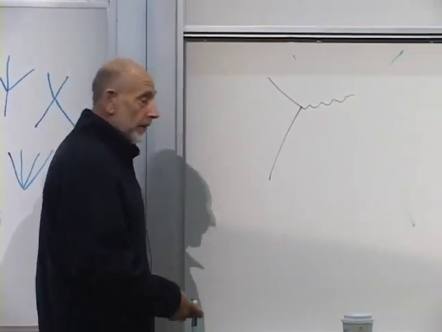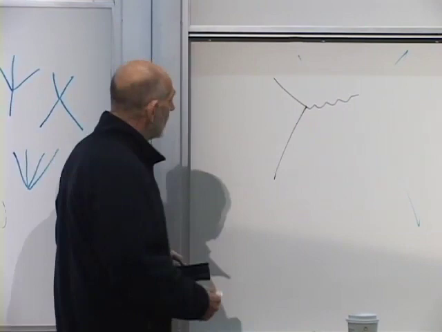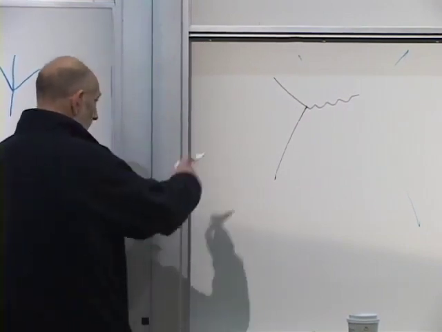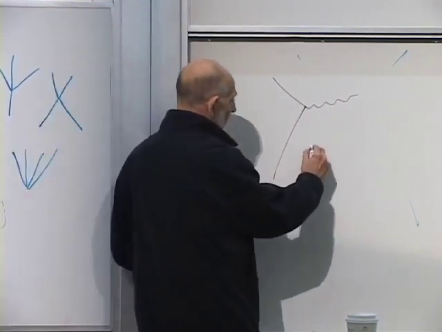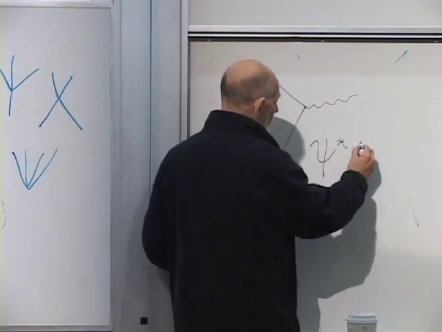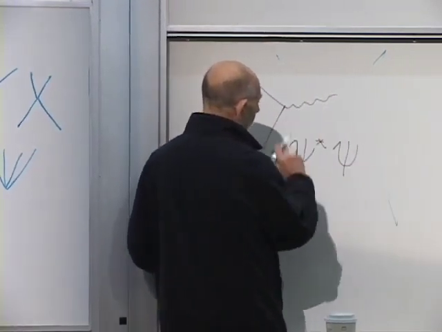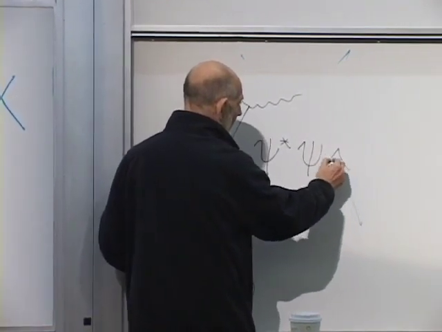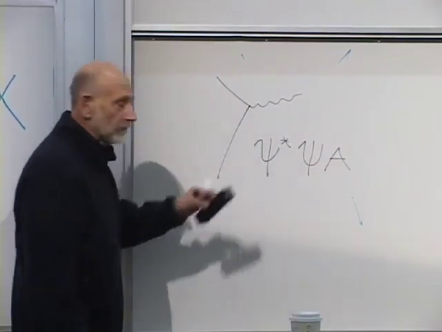All right? In terms of symbols, this diagram would be represented by an electron going out, an electron coming in, and the field operator for a photon, which is A. I'm not writing down the details.